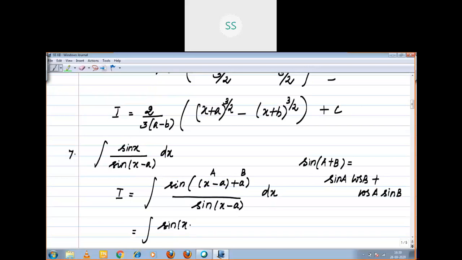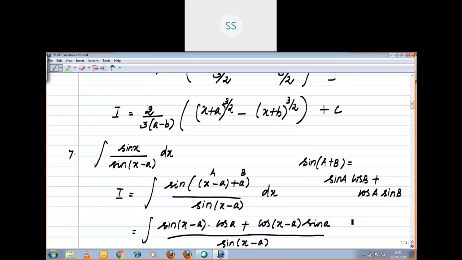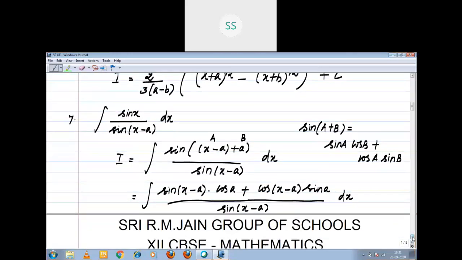Integral sine of x minus a into cos a plus cos of x minus a into sin a, the whole thing divided by sine of x minus a into dx. Got it? Now you have to split and write the integral.